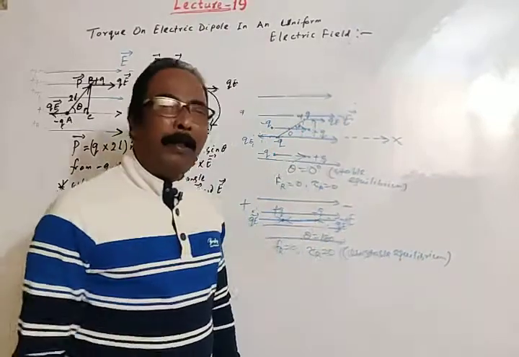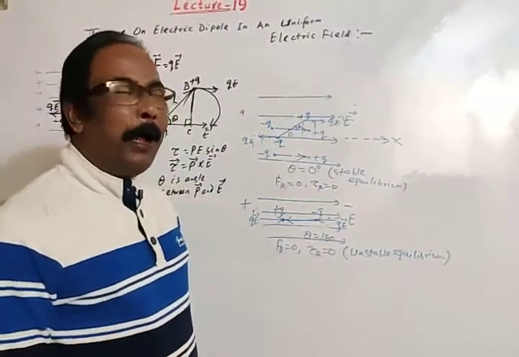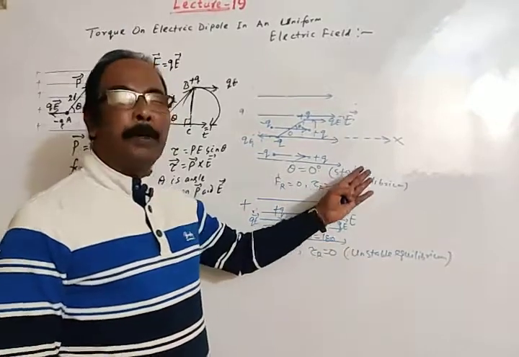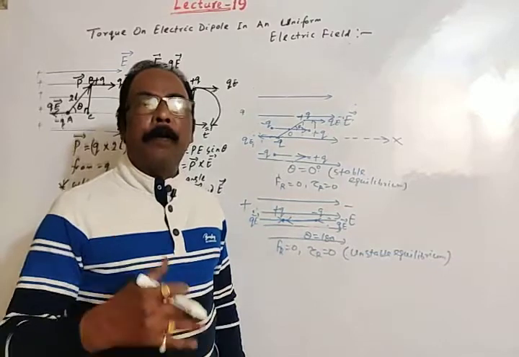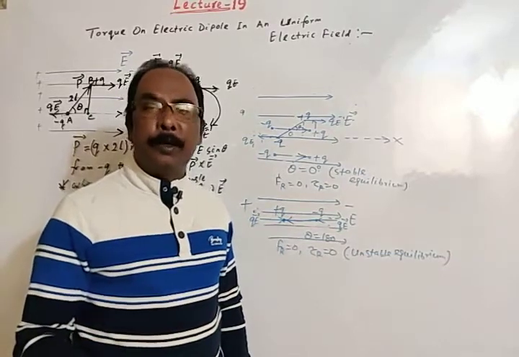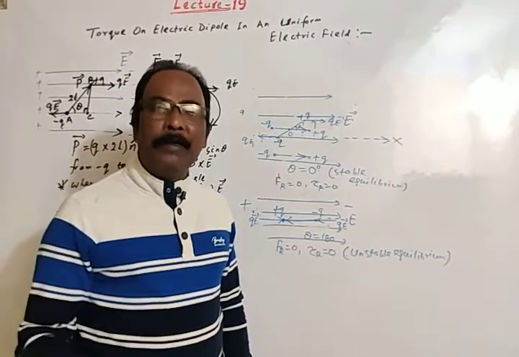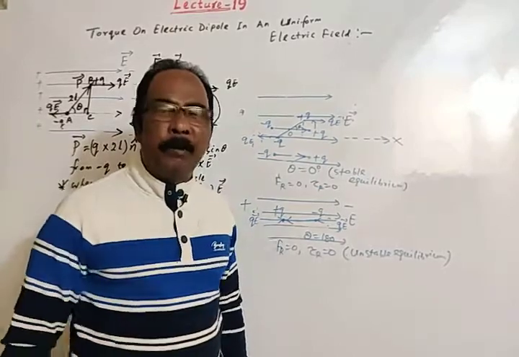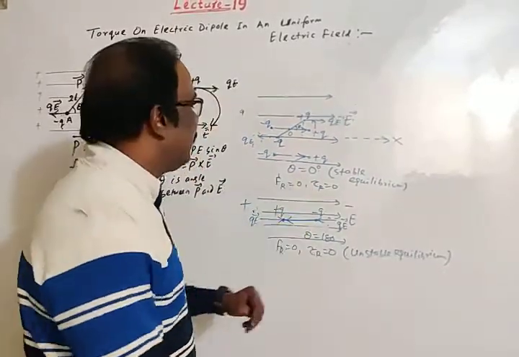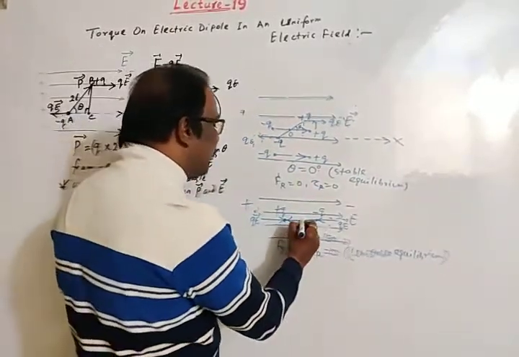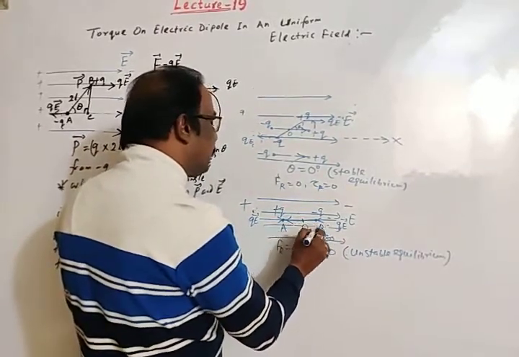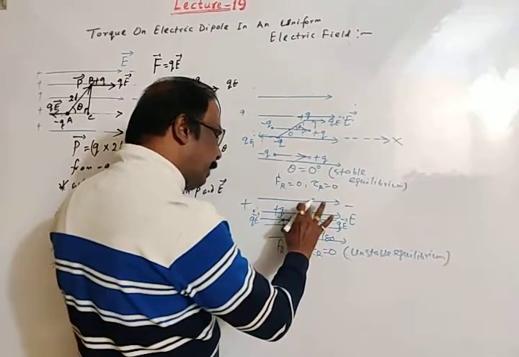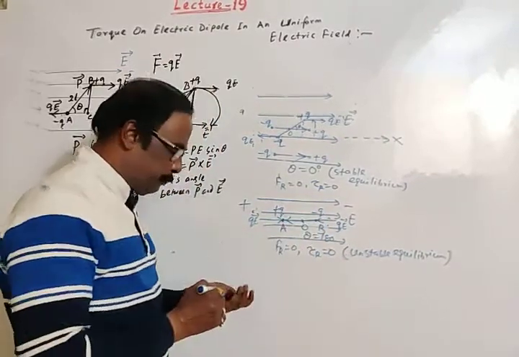I will discuss the complete concept about stable and unstable equilibrium in the next lecture, after discussing potential energy of a dipole. That will give you the complete concept. But here, this is the center of the dipole, this is A, this is B. Suppose the dipole is tilted a little like this.